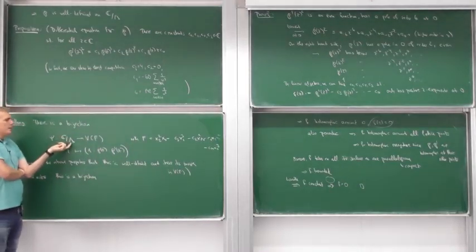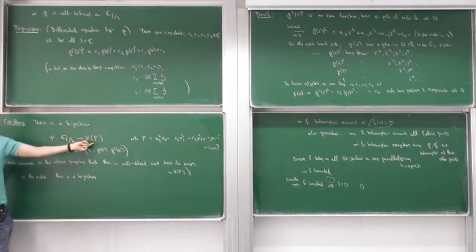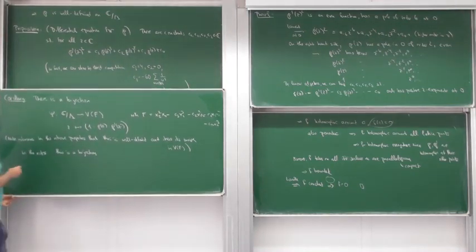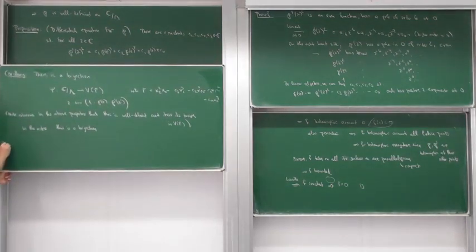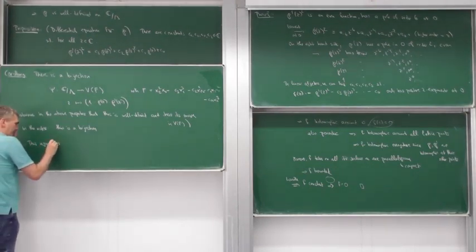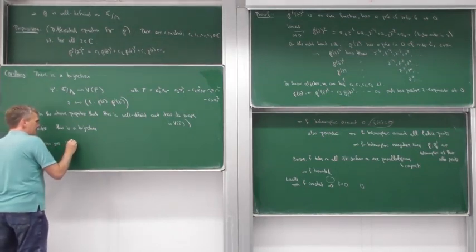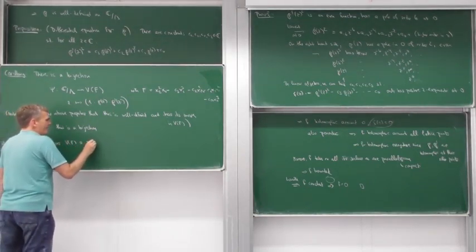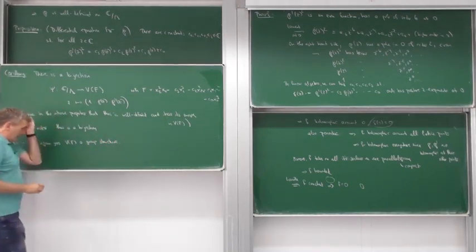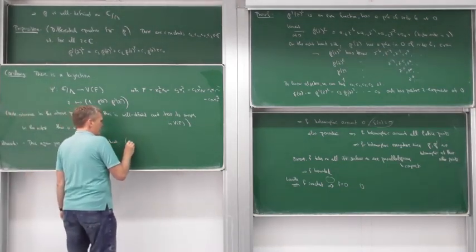And that would give a group structure on V of f, because C modulo lambda is obviously a group. Let me just remark that this again gives V of f a group structure, namely that of C mod lambda.